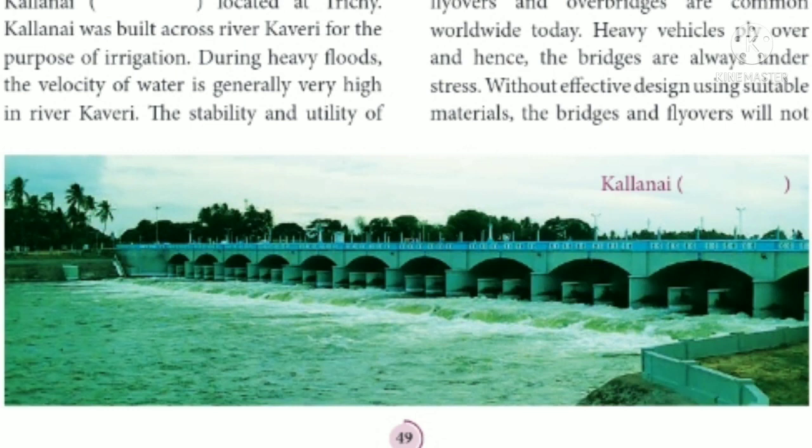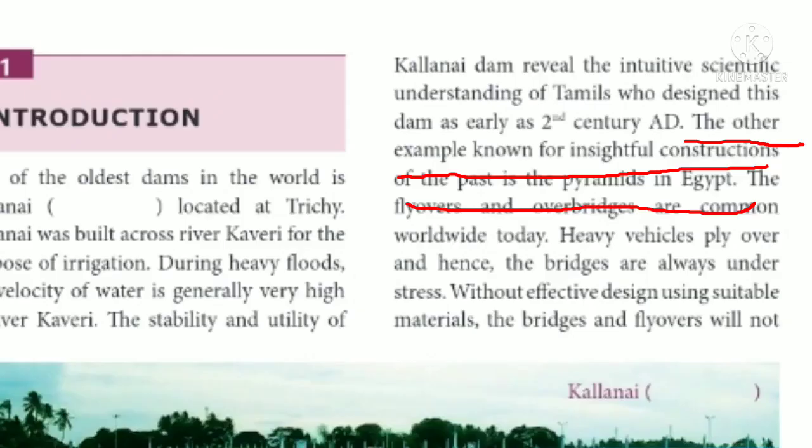If you learn these properties of matter, we can understand the materials, and according to that we can use the materials for systematic applications. The other example known for insightful construction of the past is the pyramids in Egypt.